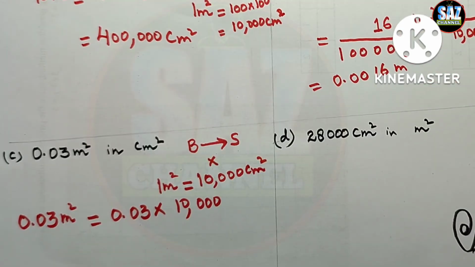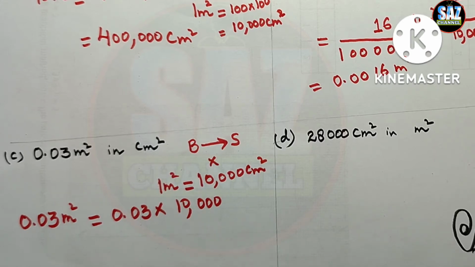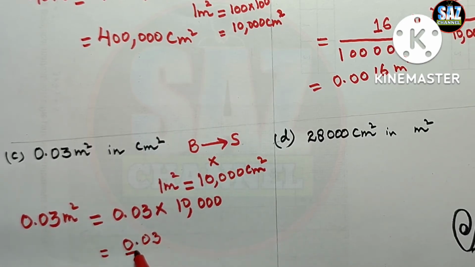Now, how to perform the calculation without a calculator? So I hope we know how to remove the decimal: 0.03 becomes 3 over 100, with the decimal removed and 1 placed under it.